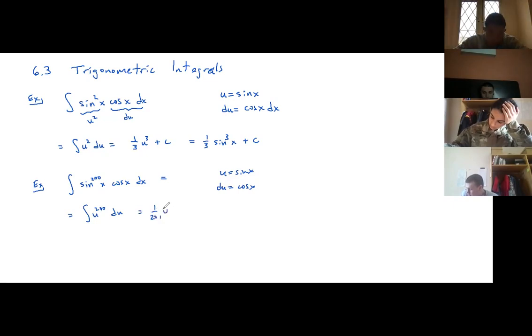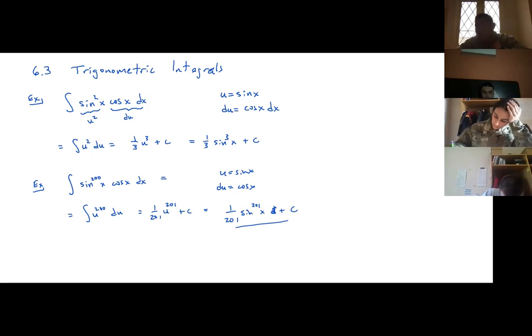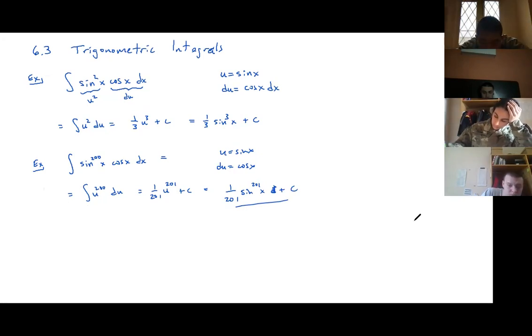Because 1/201 u to the 201 plus c, 1/201 sine to the 201st power of x plus c. So in some sense, I don't care what power you give me for sine. If I have a cosine laying around, then Bob's your uncle, right?